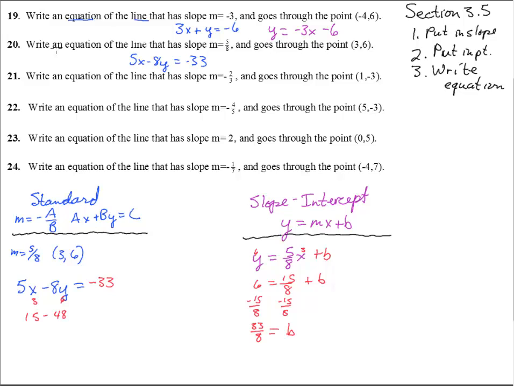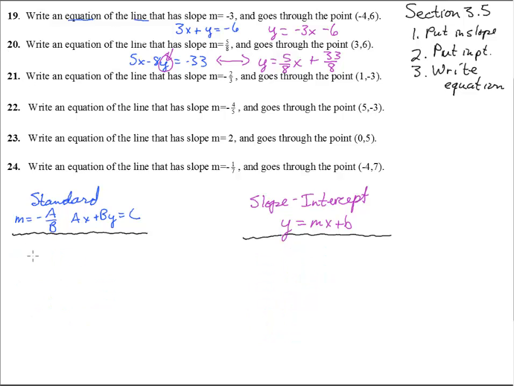So now we write it all together and we get y equals 5/8 x plus 33/8. And again, if you take this guy right here and solve it for y, subtract the 5x over, divide everything by -8, you end up with this exact line. They're exactly the same line. I think that's kind of cool.